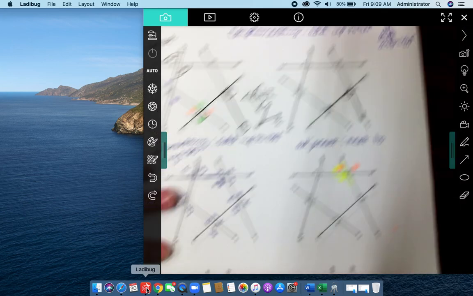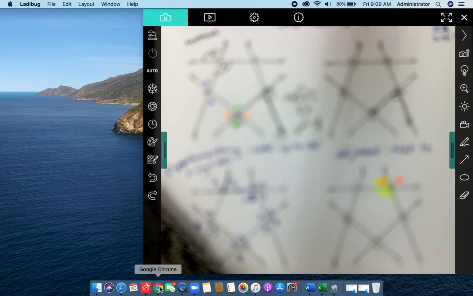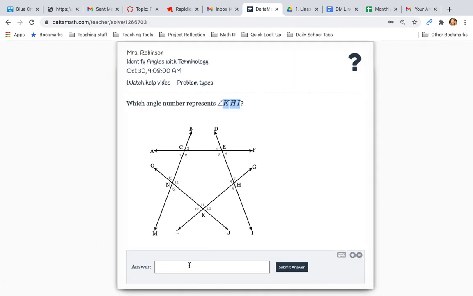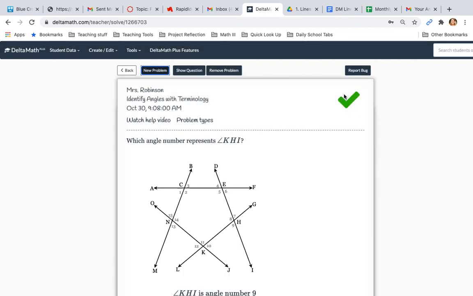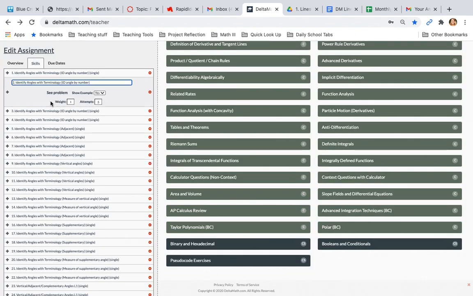Okay, and so that's why I have this in case you want to write on it like I'm doing. Some of you will not have to do that. You can just look up here and go, oh, there's KHI. So number 9 would be the angle represented there. You just type in 9, submit your answer, and that's it. So I'm going to do one more, and then you can do a couple of those yourself.